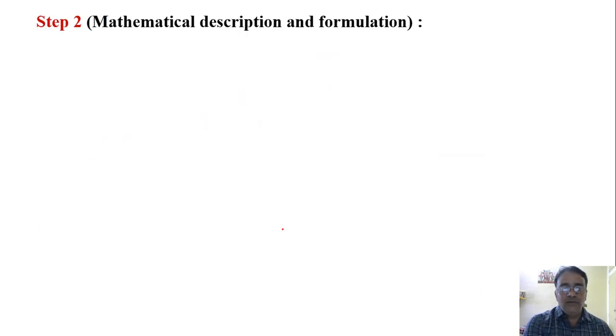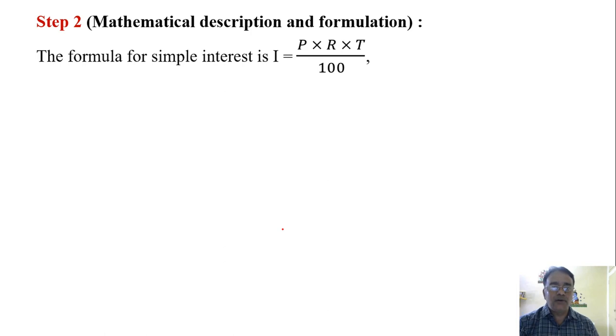So next we will move towards the mathematical description part, step number 2. Now we'll use the formula as our mathematical model, that is I is equal to P into R into T upon 100, where P is the principal amount, T is the number of years, R is the rate of interest, and I is the simple interest.